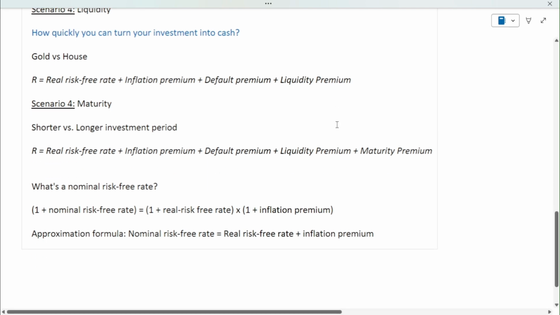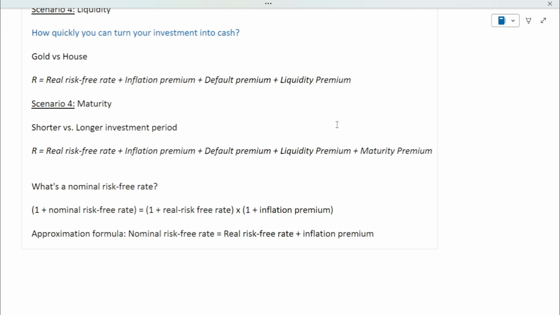In the final scenario, we are going to introduce the concept of maturity. Well, investment periods are different. You can invest in an asset for a shorter period of time or a longer period of time. And as the maturity increases, there's more chance for the value of your investment to fluctuate, meaning the value of your investment may go up or down, and there is more time for that to happen.